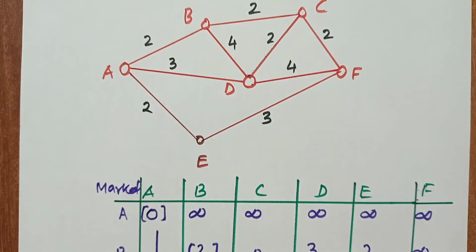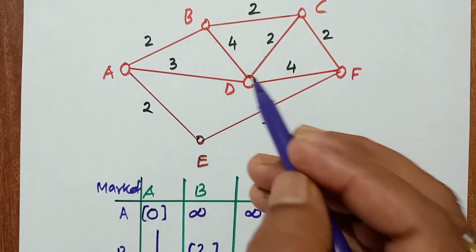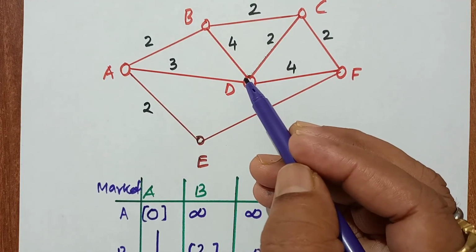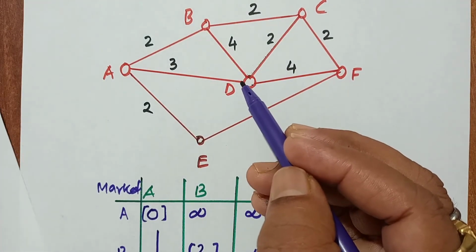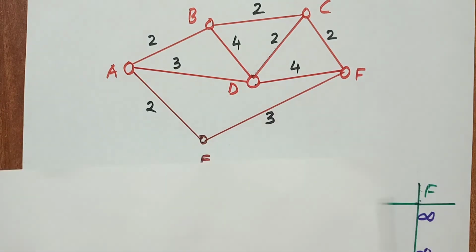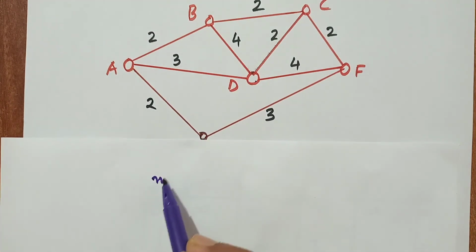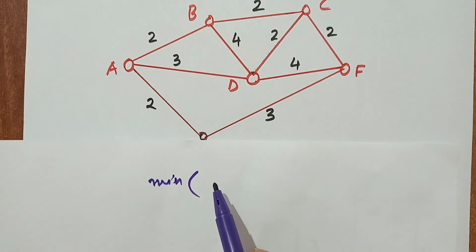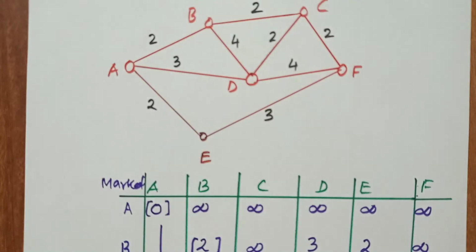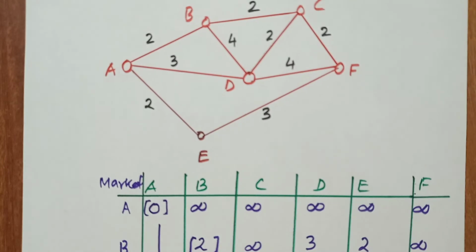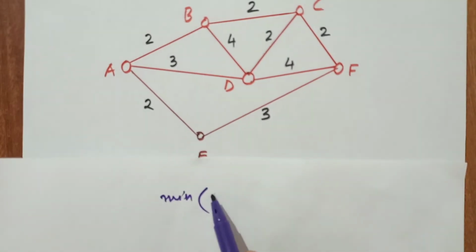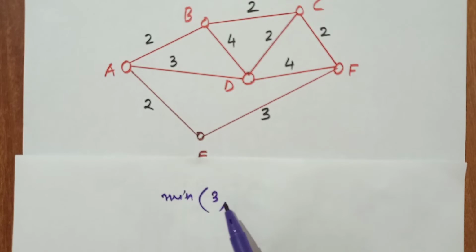Okay, so B to D. We concentrate on D. What is the formula? The minimum of the old value. What is the old value? The old value of D is 3. What is the marked value?